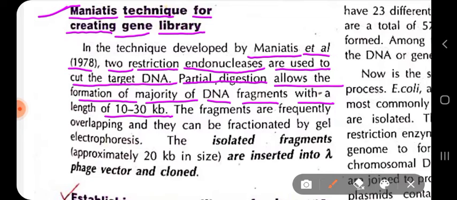That means he allows the restriction enzymes to partially cut those regions of the DNA, not completely cleaving the DNA at their restriction sites. Thus it creates a series of different fragments, and it also contains our target DNA as well, and the length of the DNA fragments is between 10 to 30 kb, which is ideal for us.